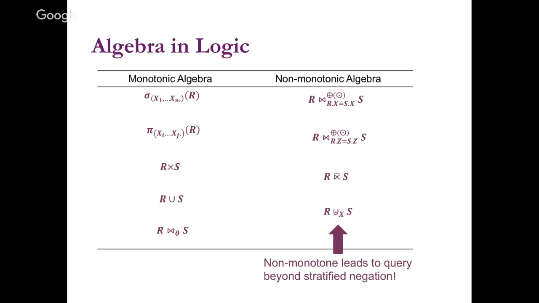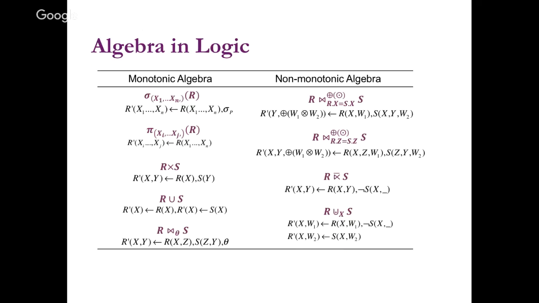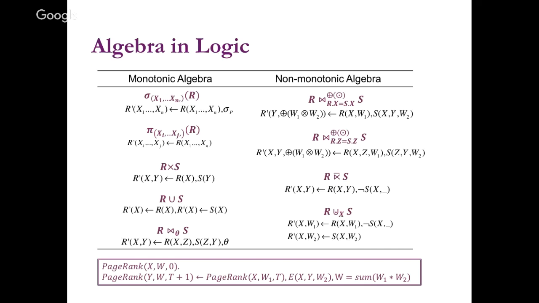So we put this relational algebra expression into the context of Datalog so that we can deal with this question with the aid of Datalog. Fortunately, all of the operations we use have an equivalent Datalog rule. The enhanced recursive query corresponds to a Datalog query, such as the PageRank query at the bottom of this slide.